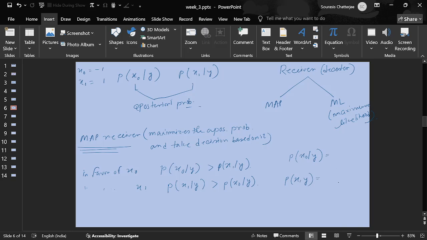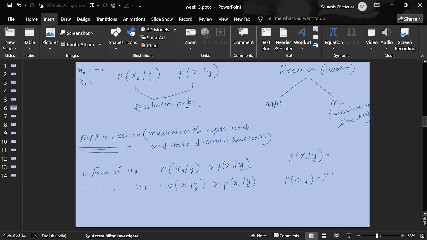So how can it be written? Conditional probability formula. True, correct. And what should I write then? P of x intersection y divided by P of y, I think.